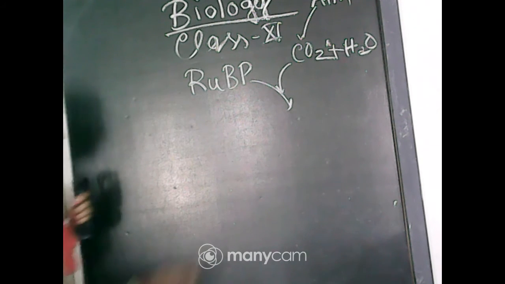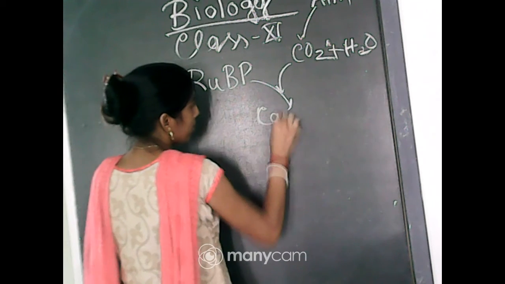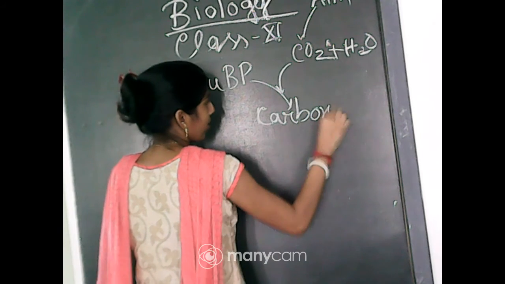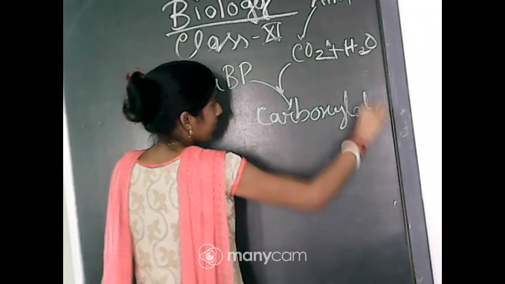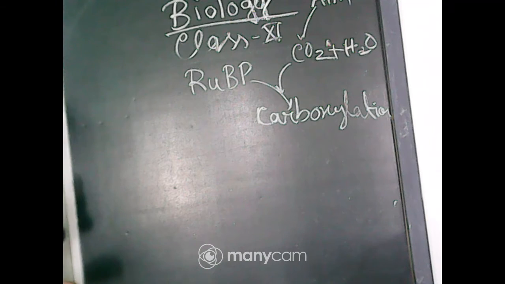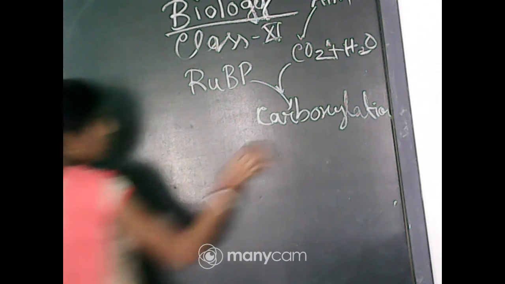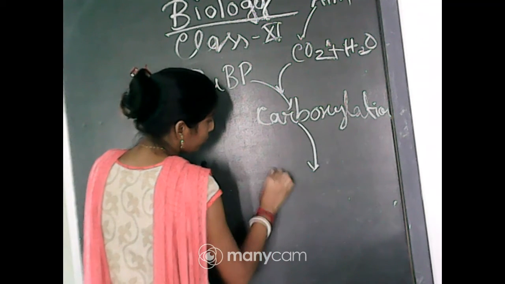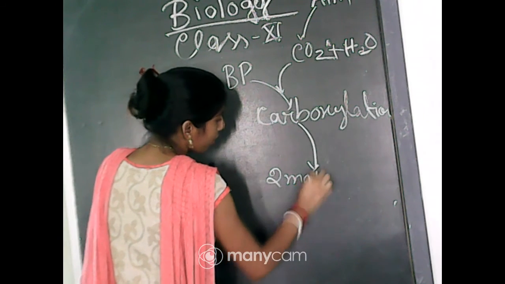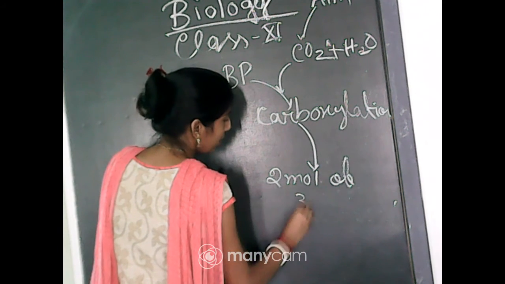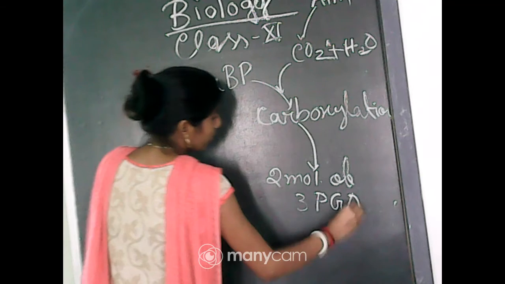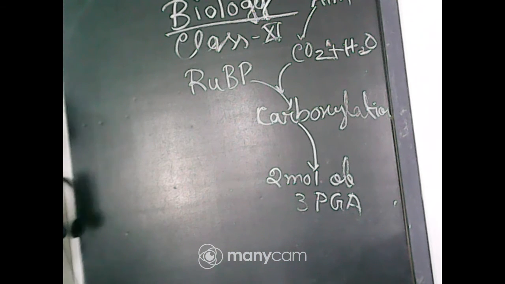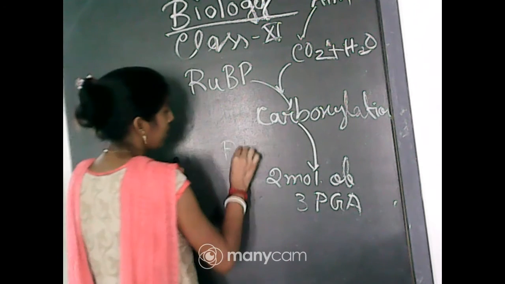This first step, carboxylation, will take place, and what will be formed? It will form 2 molecules of 3-PGA.